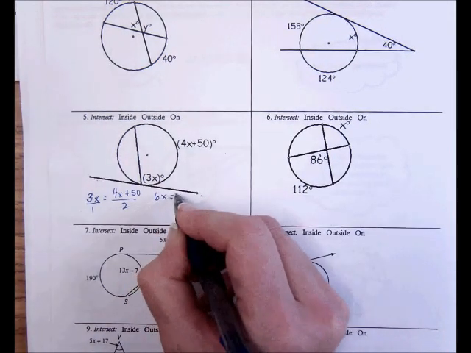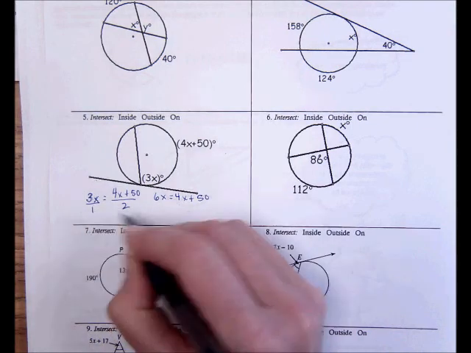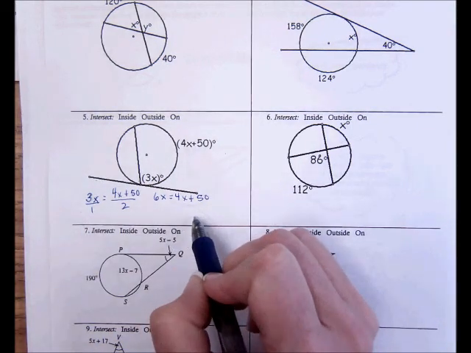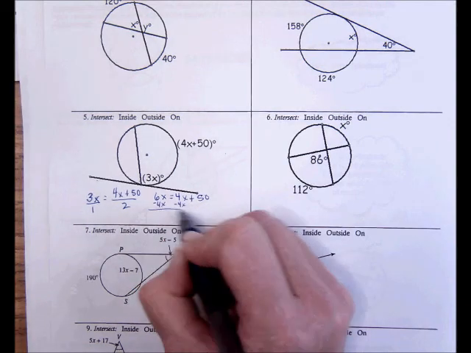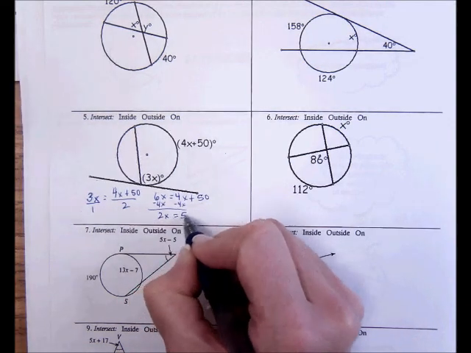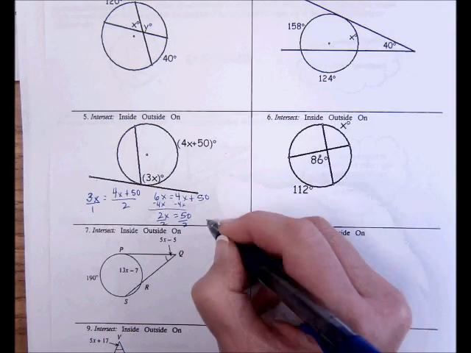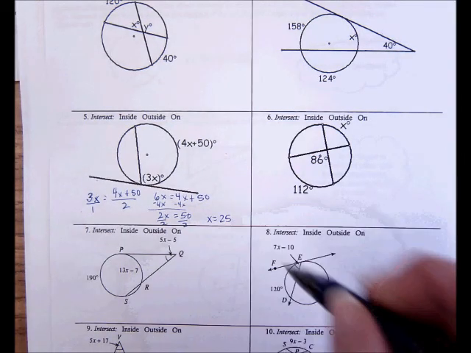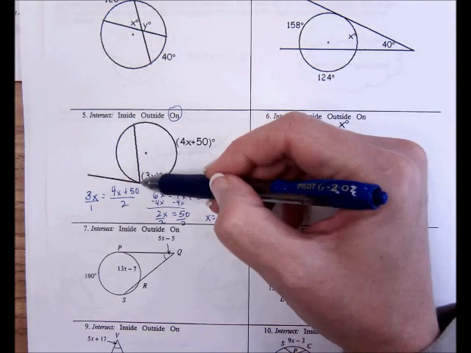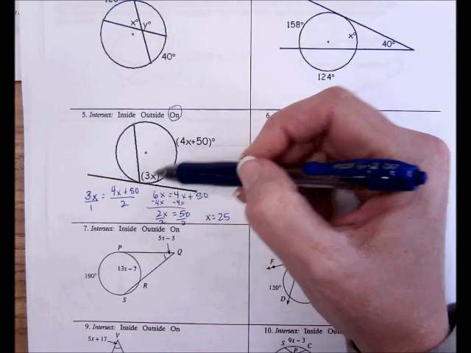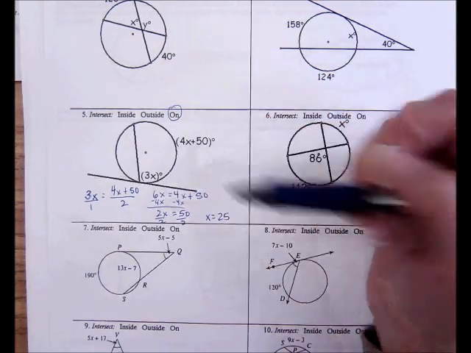So I have 3x is equal to 4x plus 50 divided by 2. So I set up my equation, put this over 1, and cross multiply, setting my cross products equal to each other. I multiply 3x times 2 and set that equal to 4x plus 50. And I'm going to just solve the equation.